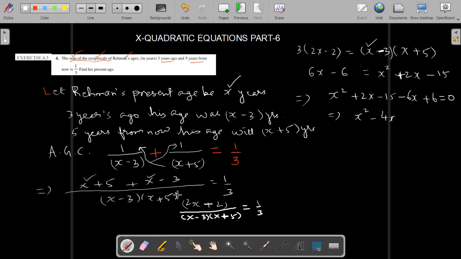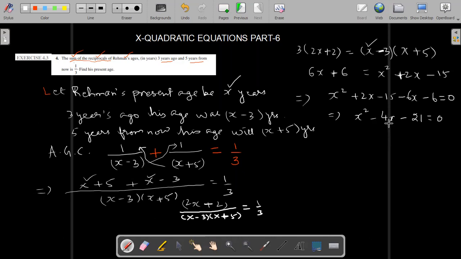But where is the problem? Yes, this is correct. I had written a wrong sign by mistake, so it will be corrected. So we got x square minus 4x minus 21 is equal to 0. So this is our quadratic equation.